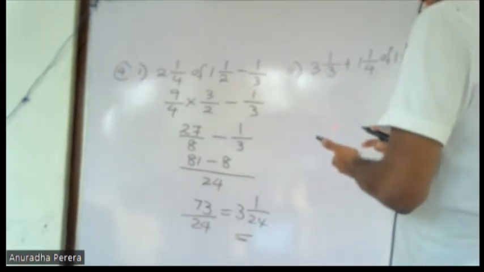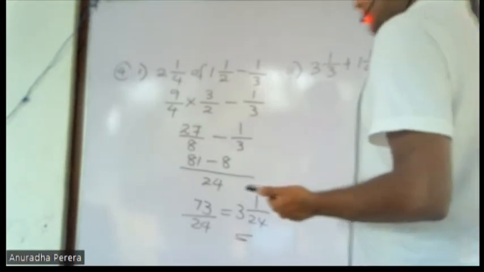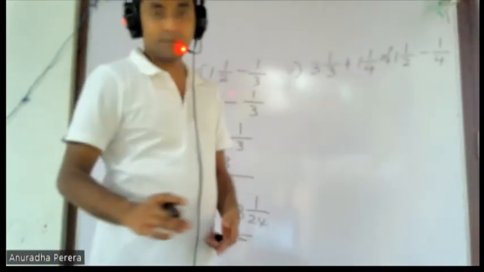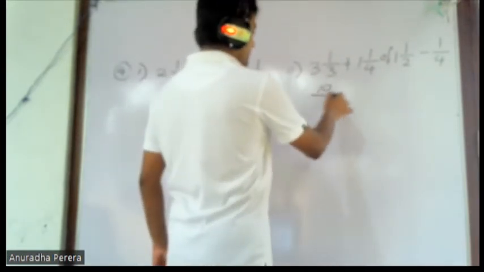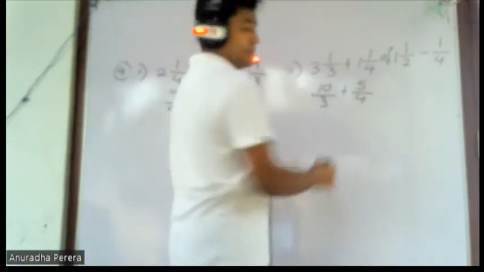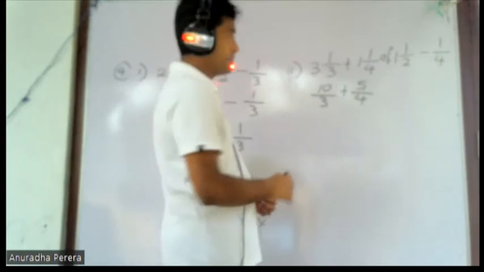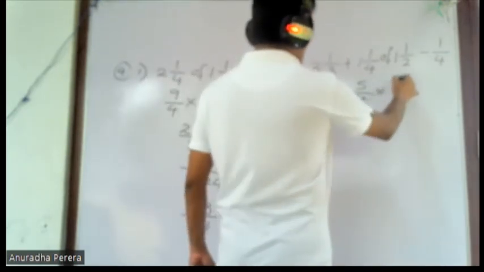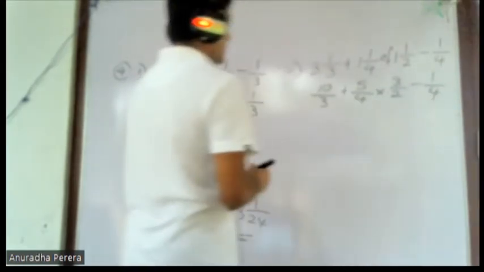There are 4 operations. First of all, simplify the brackets: 1.5 minus 1 is 3/2. 10/3, 5/4, 5/4. Of means multiplication: 3/2 minus 1/4.